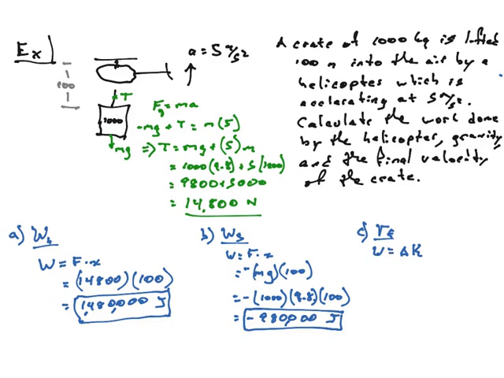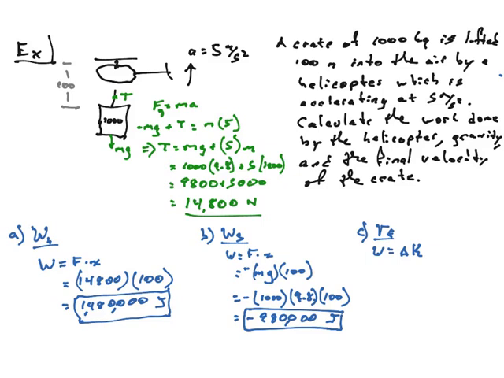Again, in this problem, I wasn't told about its initial velocity, so I'm assuming the crate was just sitting on the ground, and then the helicopter started lifting it off the ground. So it started with no initial velocity. So all I need is the final stuff. I don't need to worry about minus initial. Minus initial is just 0.